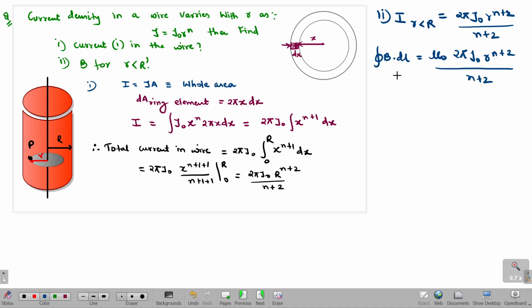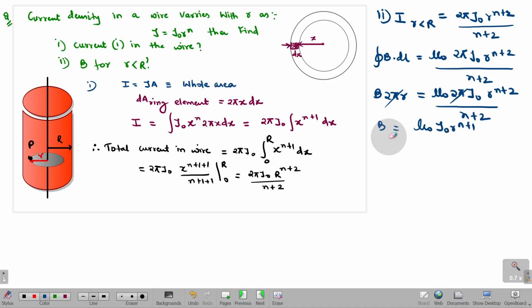So B dot dl, B is what I have to calculate, dl is 2 pi r, equals mu naught 2 pi j naught r to the power of n plus 2 divided by n plus 2. 2 pi cancels, so B is equal to mu naught j naught r to the power of n plus 1 divided by n plus 2.